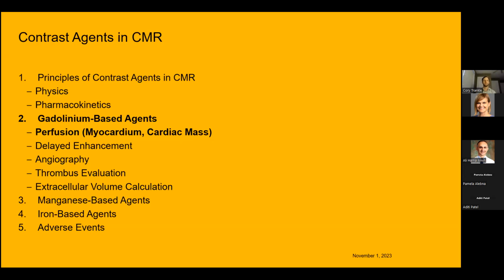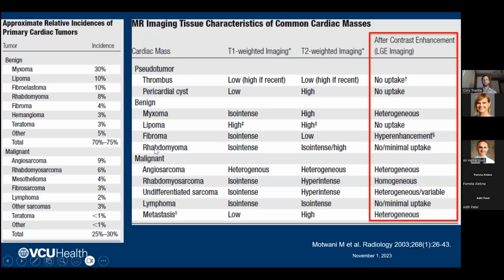So that being said, how do we use these gadolinium-based contrast agents in the CMR environment? There's quite a number of ways. Just to start with is perfusion imaging.